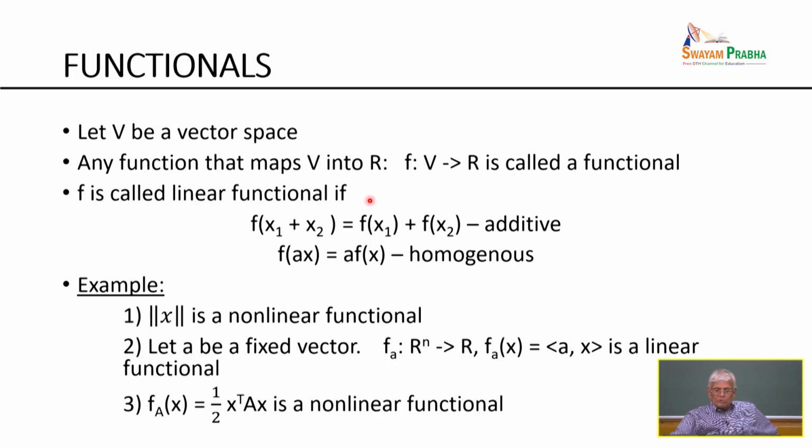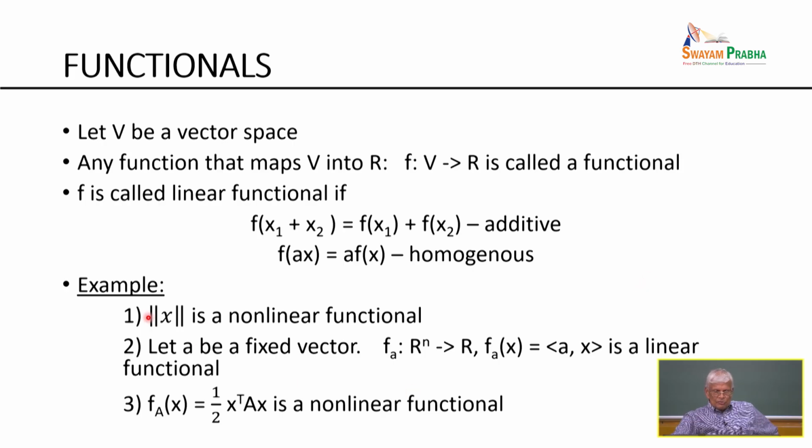A functional is said to be a linear functional if x1 and x2 are the input, the output is f of x1 plus f of x2. Everybody is with me. If I multiply the input by a constant a, the output also gets multiplied by the constant a. So any functional that satisfies the additivity and the homogeneity property is called a linear functional.